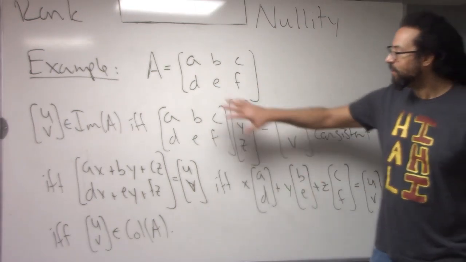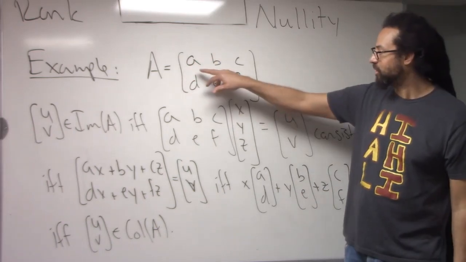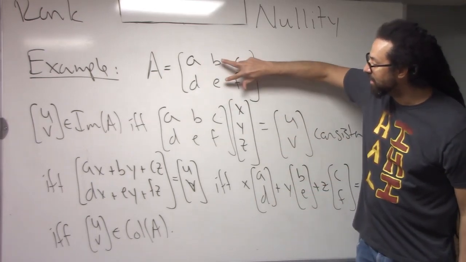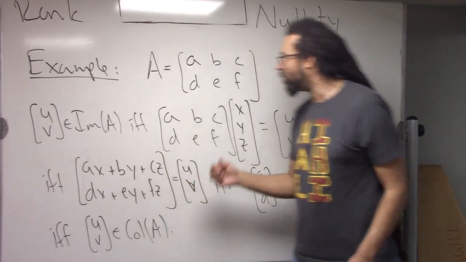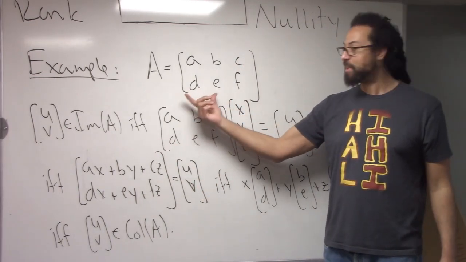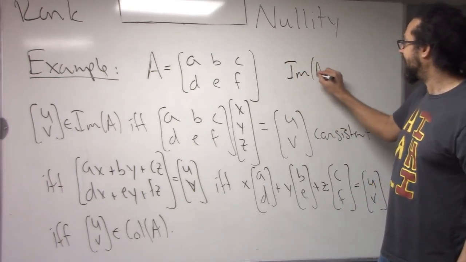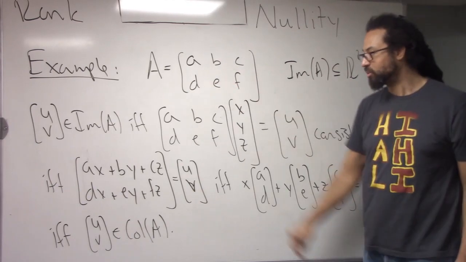So let's let A be this 2 by 3 matrix, with rows a, b, c and d, e, f. Check the columns are (a, d), (b, e), and (c, f). So what are things that are going to live in the image space? The image space is going to be contained in R^2, the number of rows.